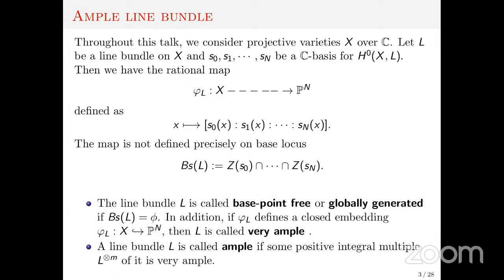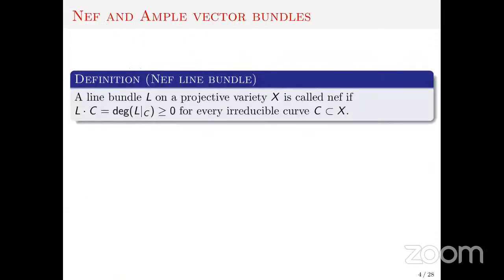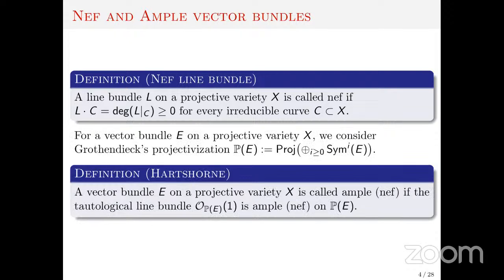Next we restrict our attention to a special class of line bundles, which are called nef line bundles. A line bundle on a projective variety is called nef if its intersection with every irreducible curve is non-negative. Hartshorne extended this notion of nefness and ampleness for line bundles to the case of vector bundles.